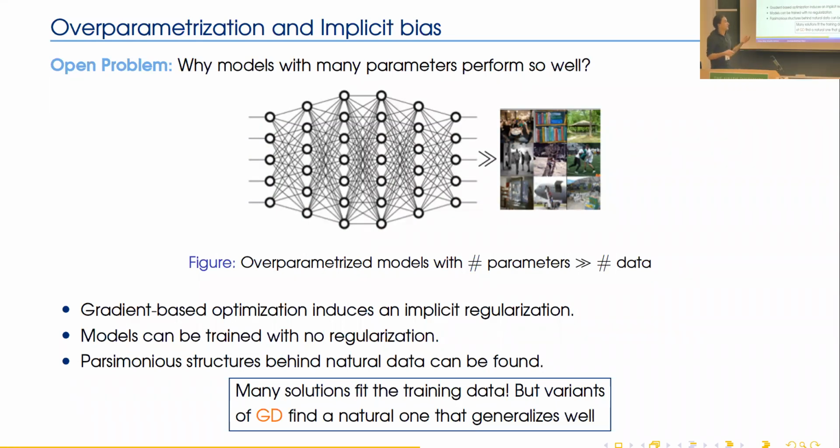I would say it's a major open problem in theoretical machine learning to understand why, if you apply gradient descent, you can retrieve a very nice solution that you train on your training set and then apply on your test set, and things kind of work.